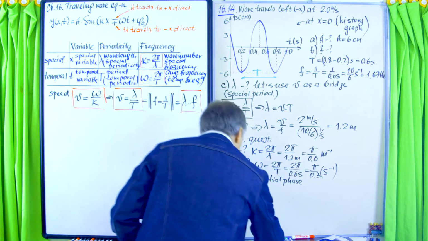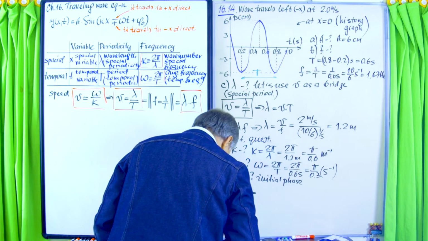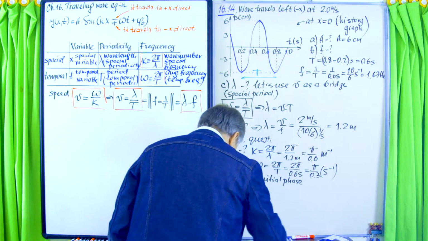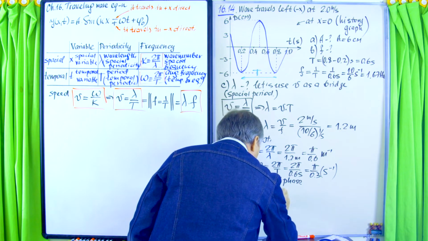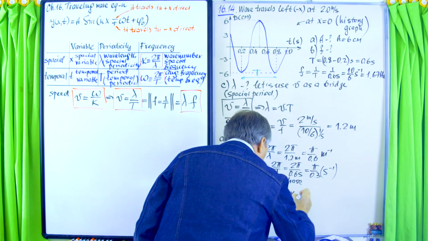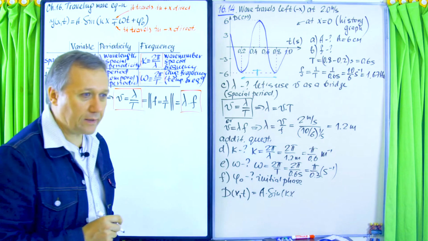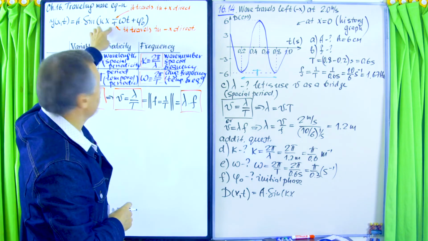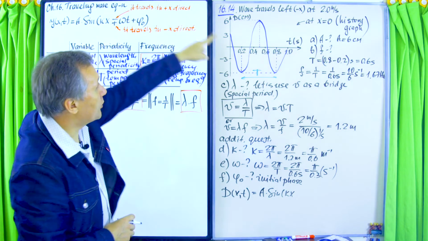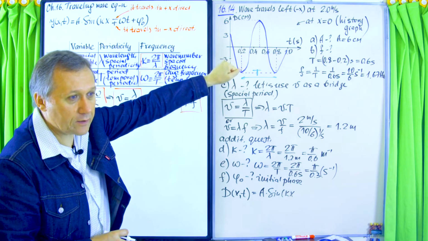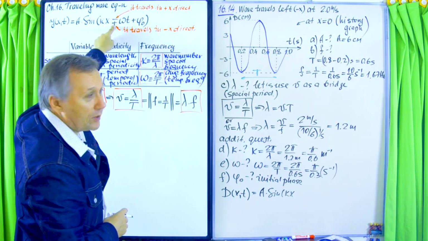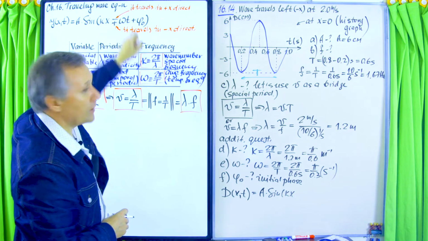All right, so amplitude times, let me write in general, sine kx, plus or minus. Since the problem says the wave travels to the left, which is our negative x direction, there must be a plus between this term and that term.